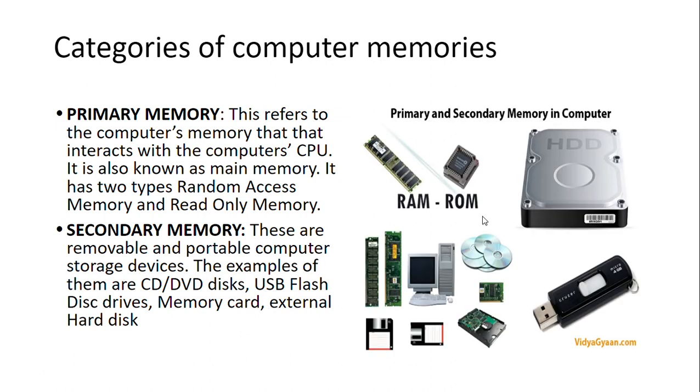Here are the examples schematically how they are drawn. This is a RAM and this is a ROM. This is a hard disk drive, and these are storage devices. This is like a flash disk, CD or DVD drive. Here, this small one is a CMOS cell, a complementary metal oxide semiconductor.